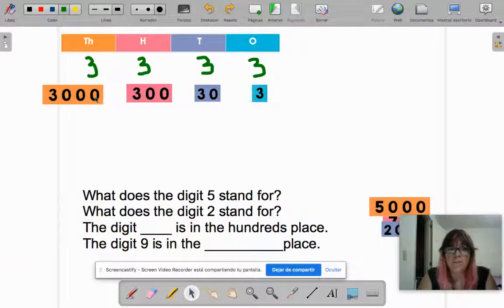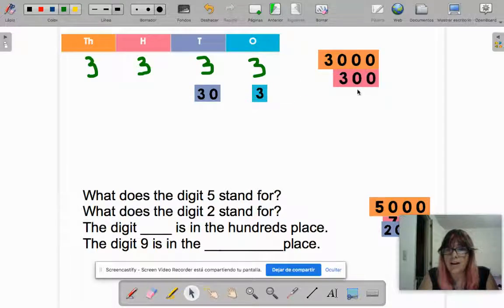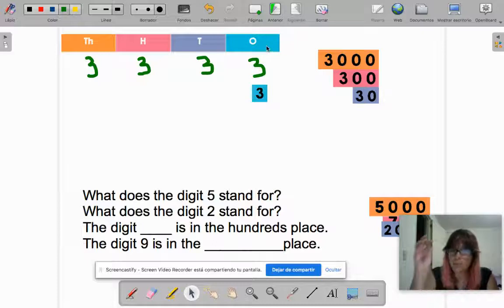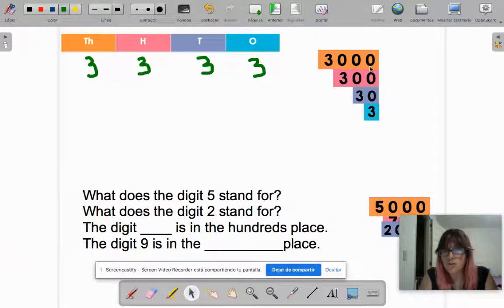So remember that the values are how you really call the number when you read it. You can draw the places in your whiteboard, and then put each digit in the correct place and then say the value. You can also use, like we did last week, our place value cards, okay?